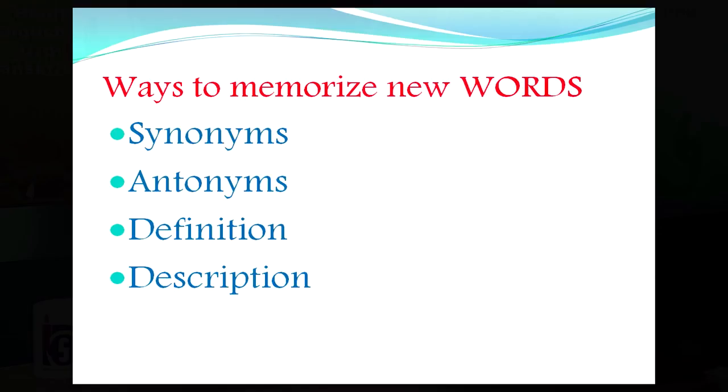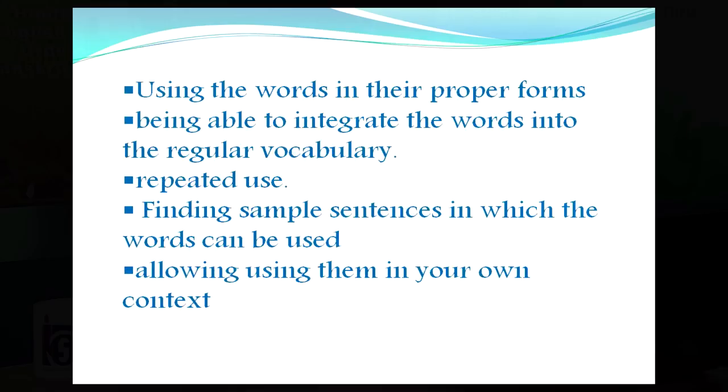And then description. So, if you know the description of a thing, say if you know it's large, if you know it's white, if you know a particular fact about an object, then that description will help you remember the new word easily.